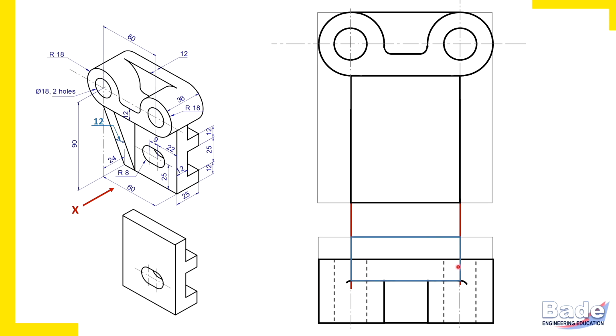Now this is very important to understand. Check carefully what I am telling you. Front view of the lower portion of the object, this portion of the object: length 60, height 72. This is the front view. And the front view of the upper portion, there is no overlap here. But in this case, the top view of the upper portion and the top view of that lower portion, there is certain overlap.